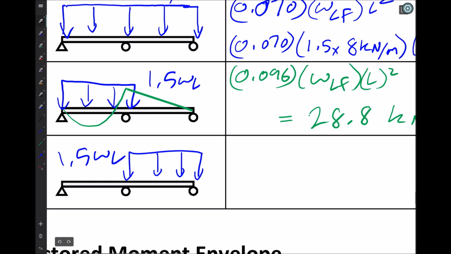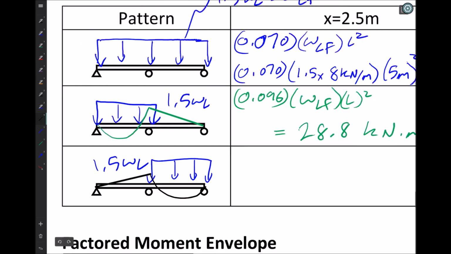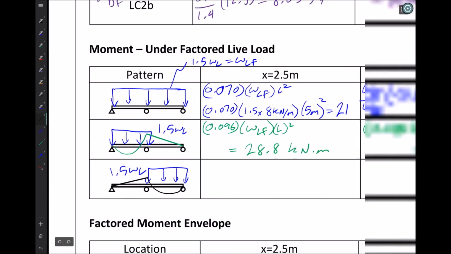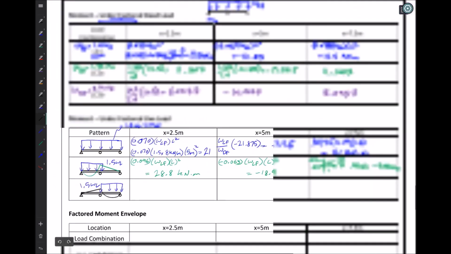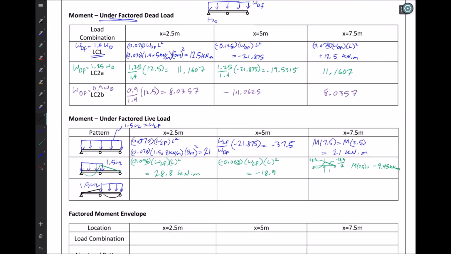We'll see that they are mirror images of each other, so I don't need to do any calculations. I can simply take the values that I found at 7.5 and move them to 2.5.